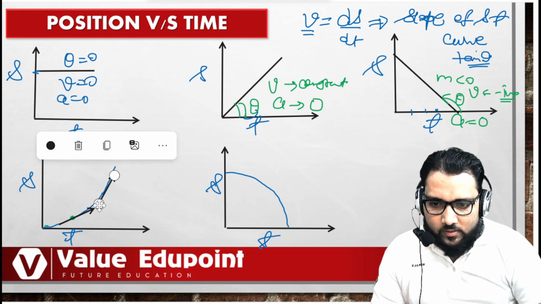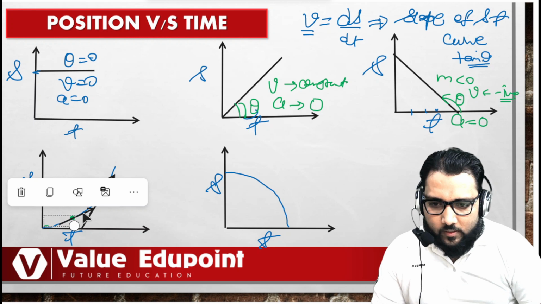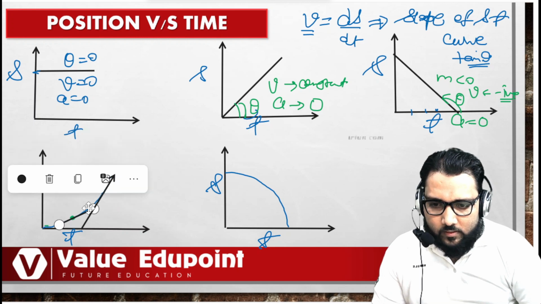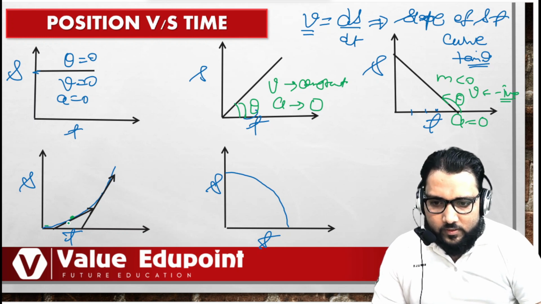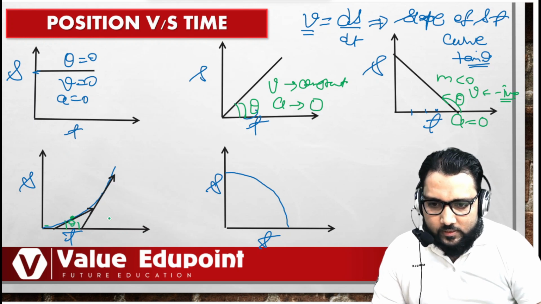If you take here, and if you take here, suppose this is theta 1 and this is theta 2.